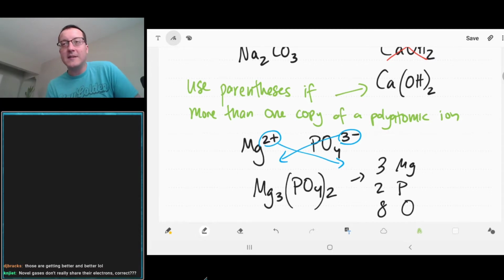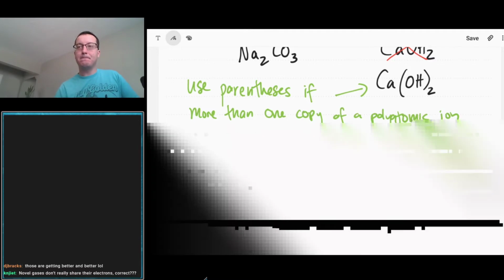So that 2 outside the parentheses, if we were to look at how many atoms of each type there are in this compound, gets carried over. So it does mean that there are 2 phosphates overall. Okay?